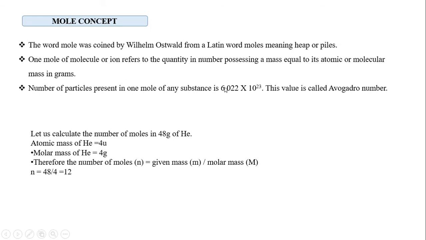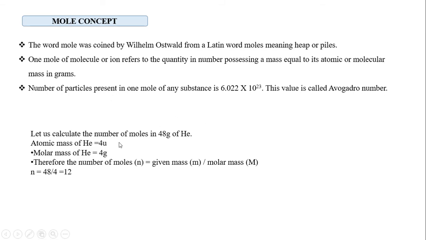This is called the Avogadro number, or Avogadro constant, denoted by the symbol Na. Mole is used to denote the quantity as a whole. It can be ions, molecules, atoms, or compounds. So the term mole is used to describe the quantity in number.